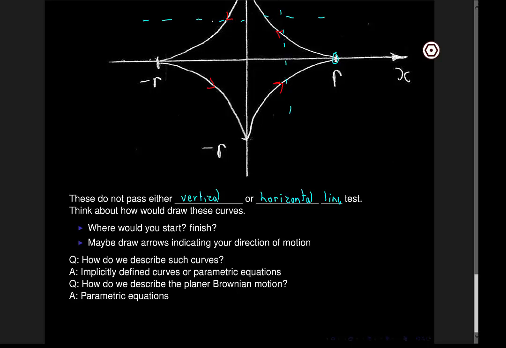For the circle, we could say x of t equals cos t, y of t equals sine t, and that would traverse this circle, and we'll explain that in a following lecture. And how could we describe something that's not even a function at all, like a Brownian motion? Well, in that case, we are limited to these parametric equations.